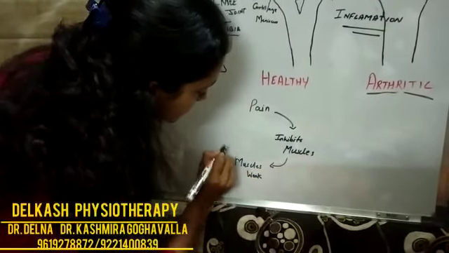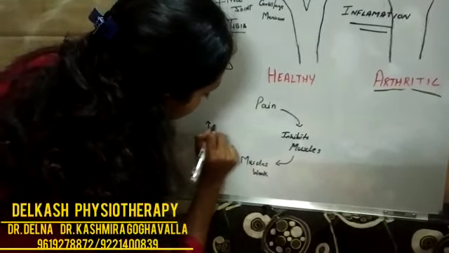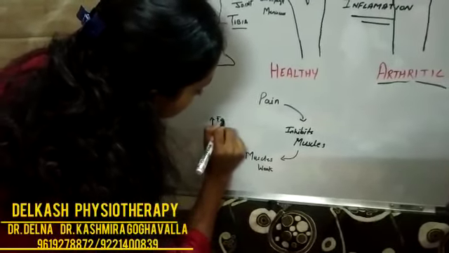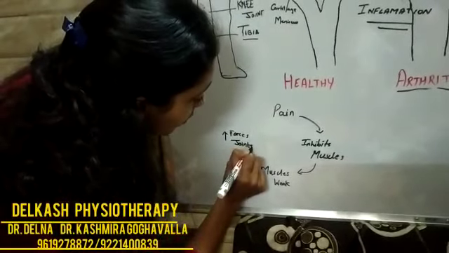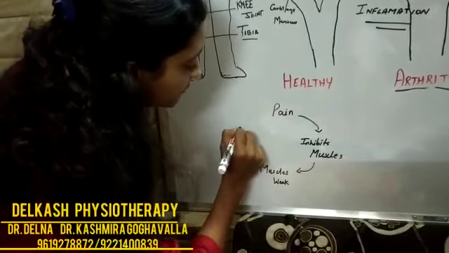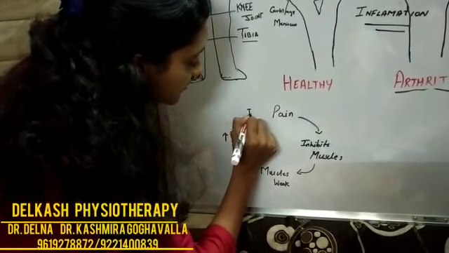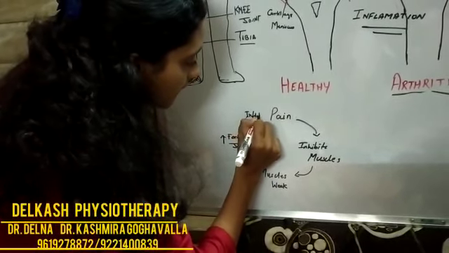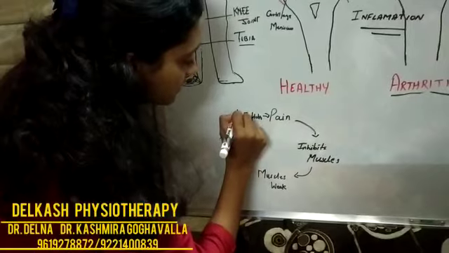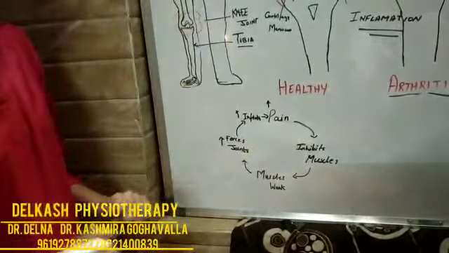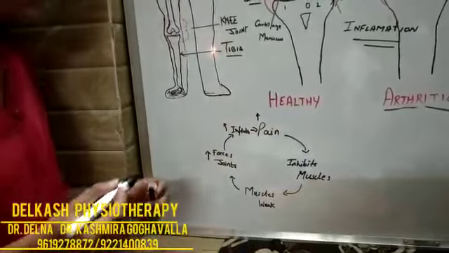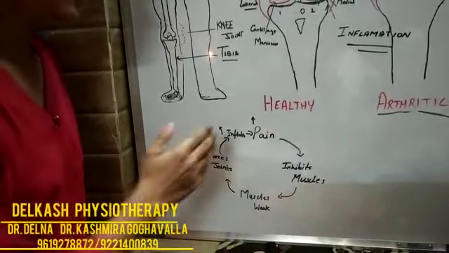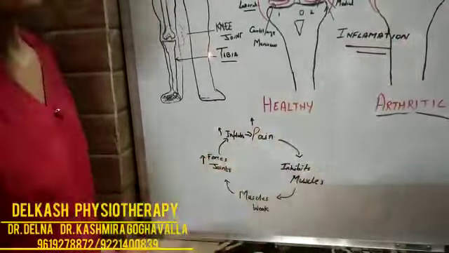This in turn increases the forces going through the joint and causes more compression in the joint, which in turn increases the inflammation and increases the pain more. So this vicious cycle goes on and on, continuing with no stop to it and worsening the joint arthritis.